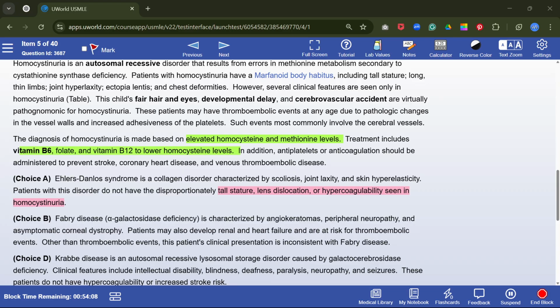In Marfan and Ehlers-Danlos, both have joint hypermobility, both can cause pectus excavatum. Marfan can also cause pectus carinatum, and both can cause scoliosis. In Ehlers-Danlos, there is a high arched palate, but in Marfan there is tall stature with long extremities.